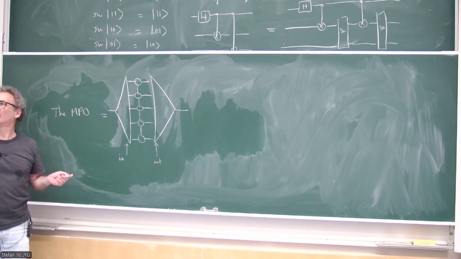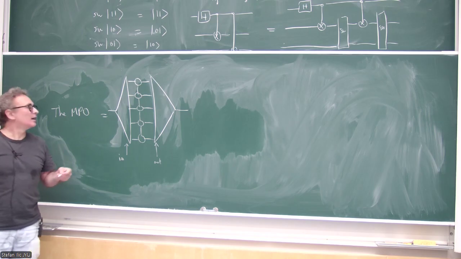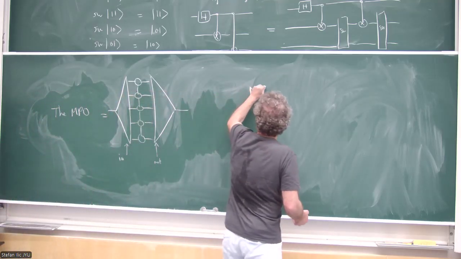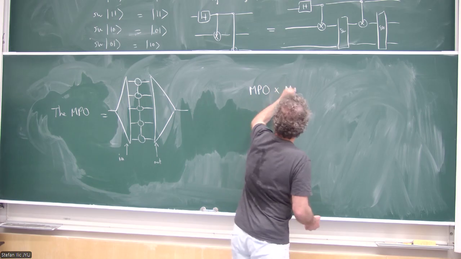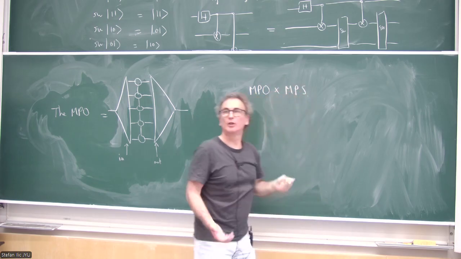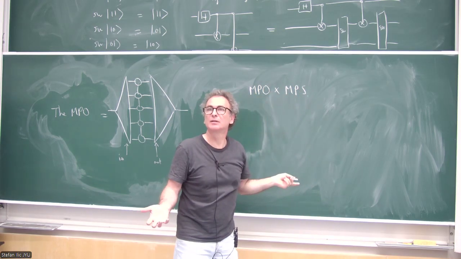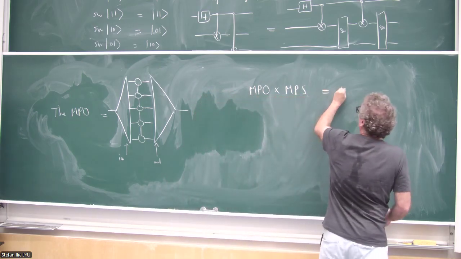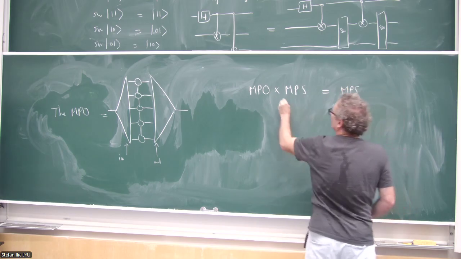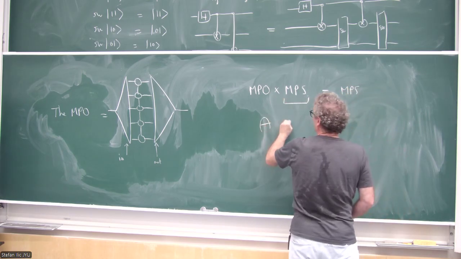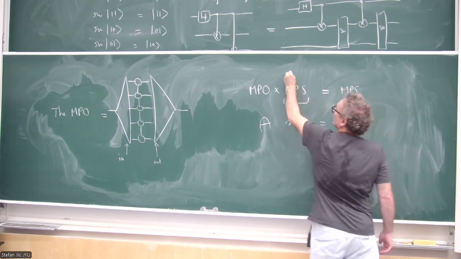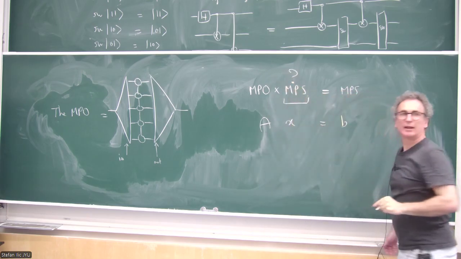And so today we will learn how to do a product MPO times MPS, which is a matrix vector product. Later we will learn, for instance, how to solve AX equal B, so MPO times MPS, where this one is unknown, equal MPS.